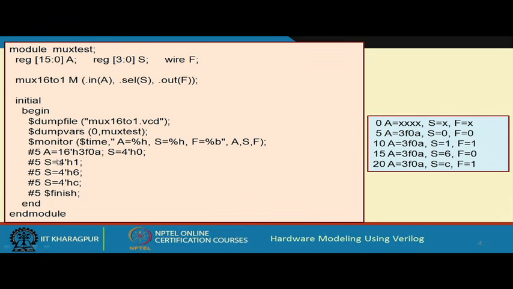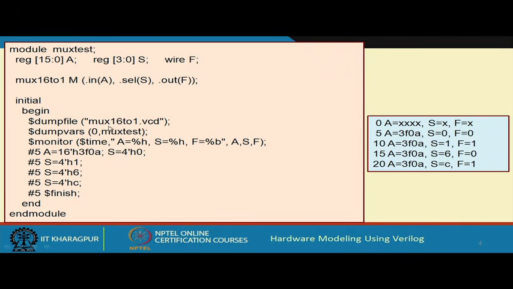Now, you can ask that, well, I can see all the simulation output like this, why do I need to use this dump file and dumpvars? The thing is that seeing the simulation output in a tabular form or just on the screen as text is not good enough. Often for digital circuits we want to look at the timing diagrams, how the values are changing at what times and so on.